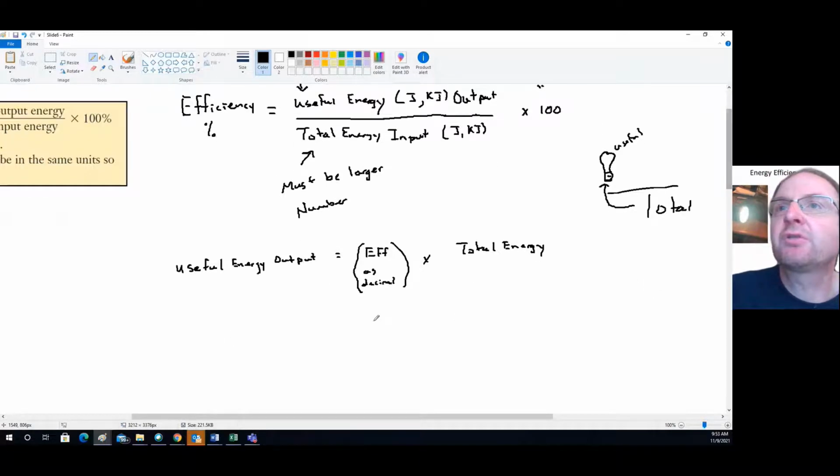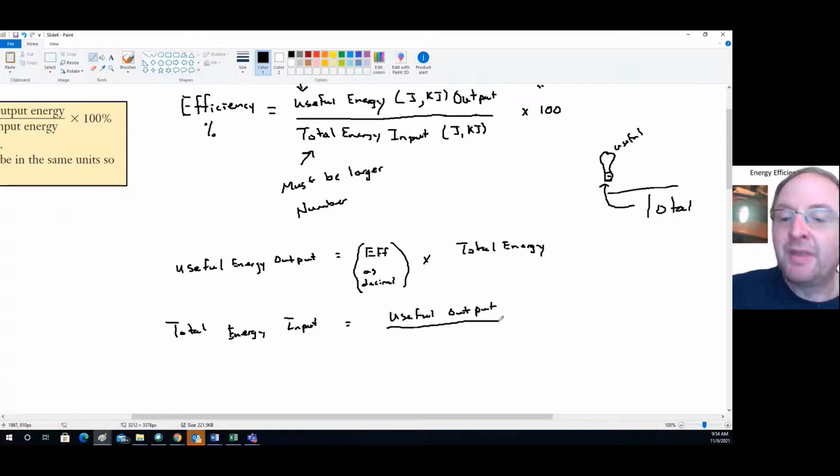What if the question is looking for your total energy input? Again, should be a big number. And to get this one, we take our useful output and divide that by our efficiency. And again, the efficiency, you've got to convert it back to a decimal. That's fairly straightforward, right?